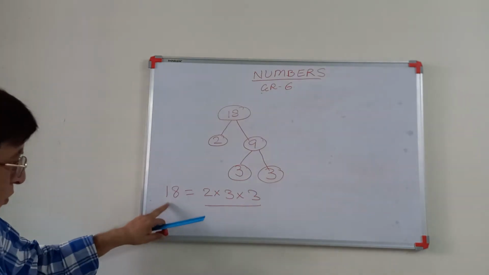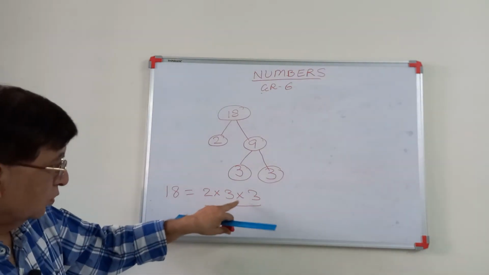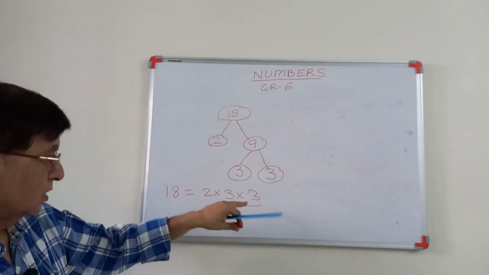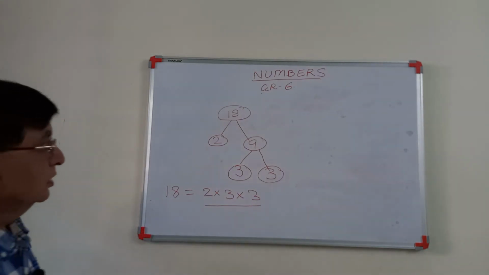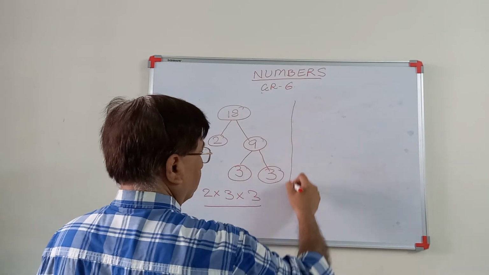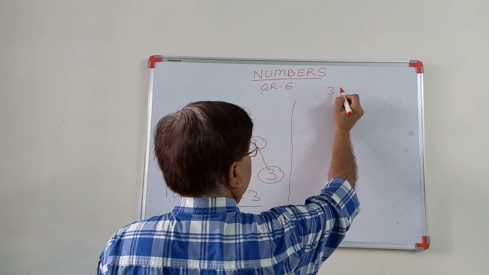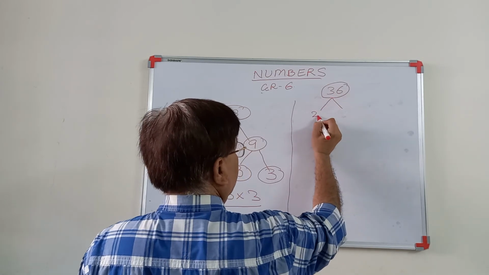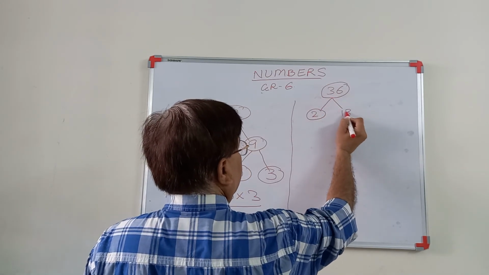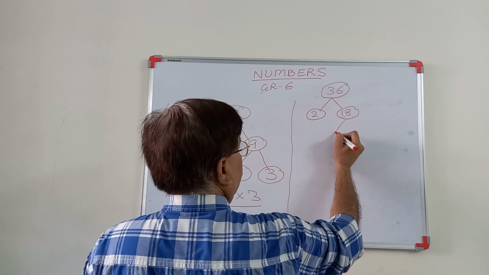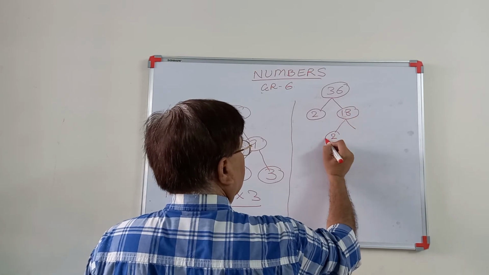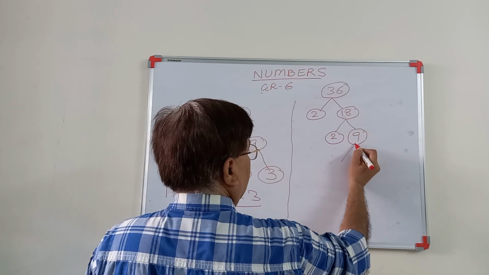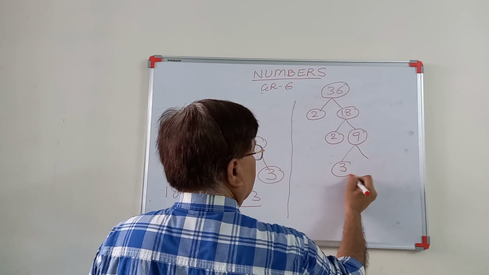And if you see, these are all prime numbers. So when you reduce a number to those numbers which you multiply, then you get 18, and all these numbers are called prime numbers. If I say, for example, 36, so 36 is divided by 2 and 18. 18 is divided by 2 and 9. 9 is divided by 3 and 3.